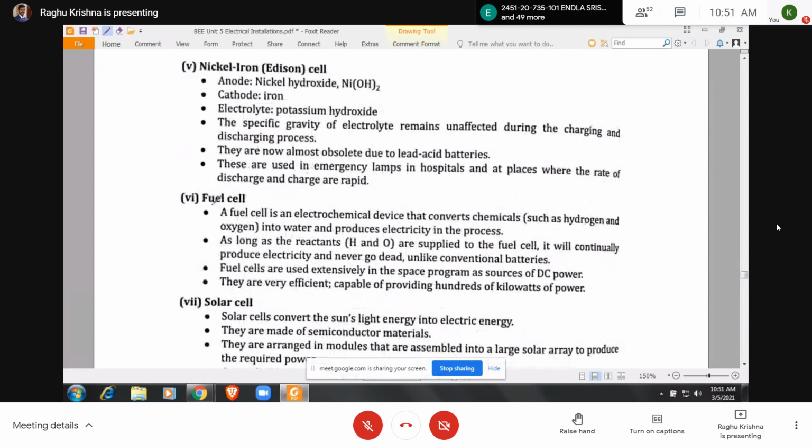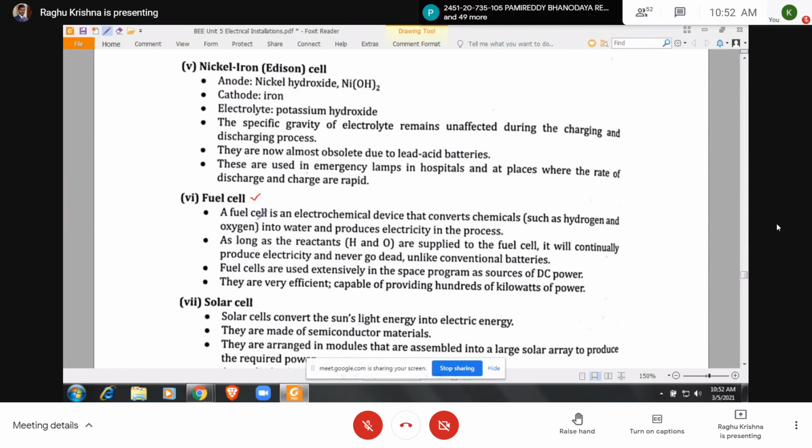Coming to the fuel cell. In some countries, fuel cell operated buses are there, so buses work on this fuel cell.